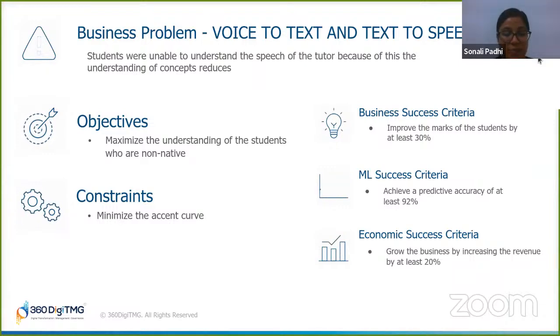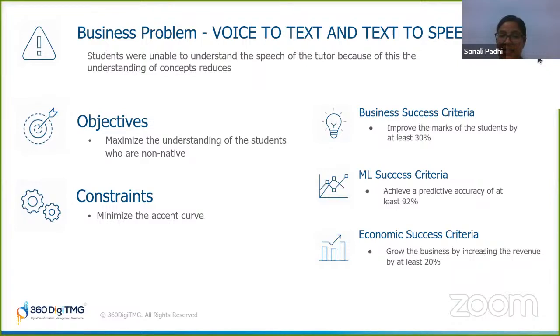The problem the client was facing was that a lot of students were struggling to understand the tutor's speech due to language barriers, particularly in cases where the tutor has a different accent or the students are non-native English speakers. This language gap reduces their understanding of key concepts, which adversely affected their academic performance.